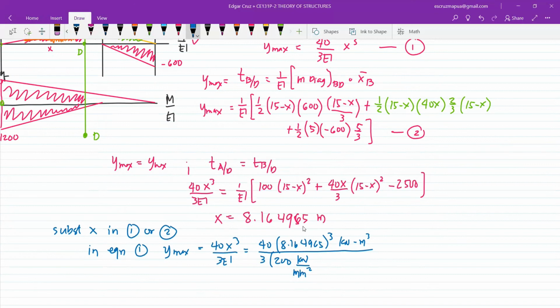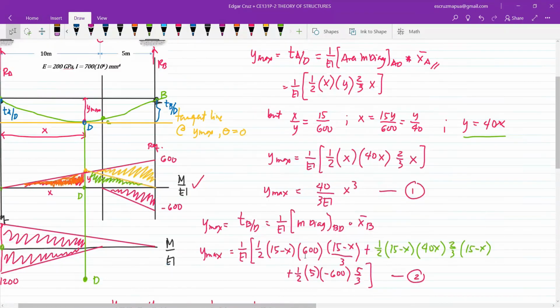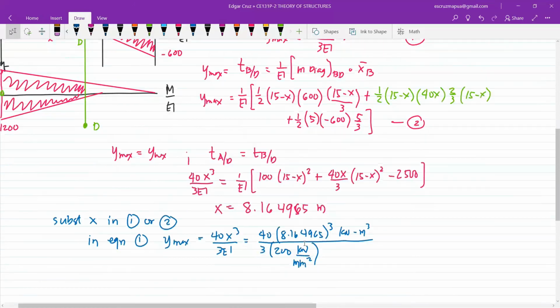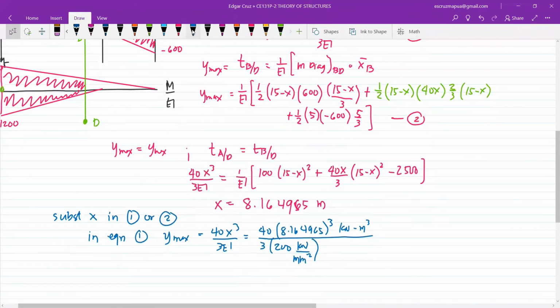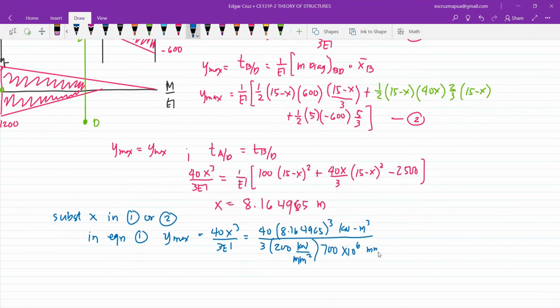Newton per mm squared is megapascal, so in kilonewton it becomes gigapascal. The moment of inertia is 700 million, or 700 times 10 to the 6 mm to the fourth.